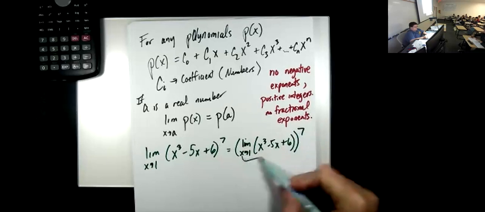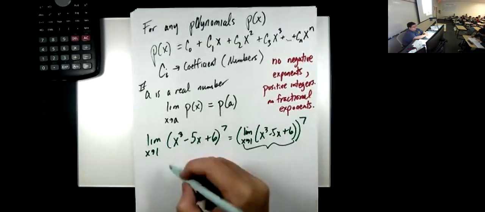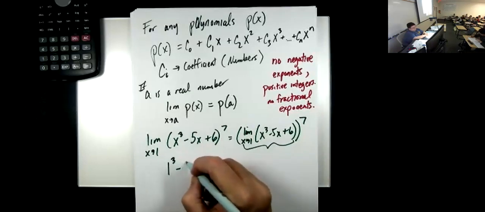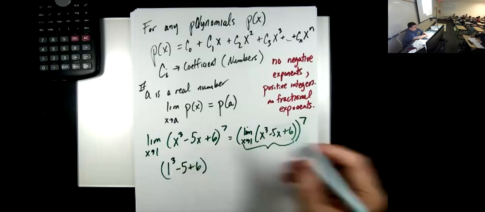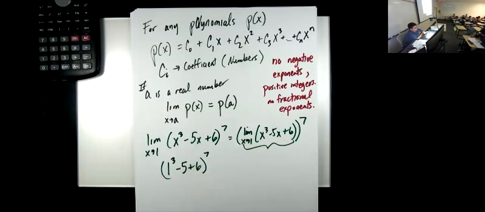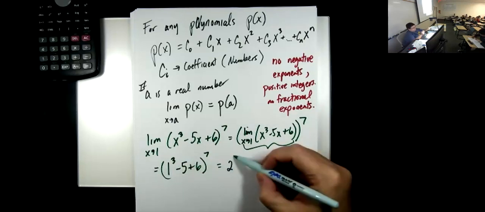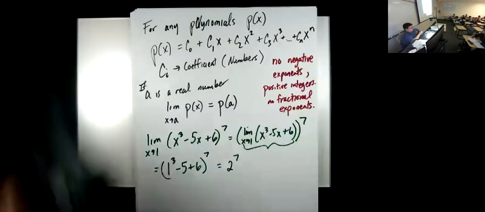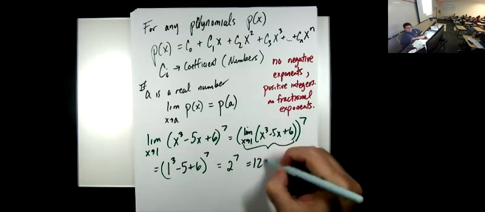And now this is a polynomial. So I can evaluate it. I've got 1 cubed minus 5 plus 6 to the 7th power. This is 2 to the 7th power. Which is 128.